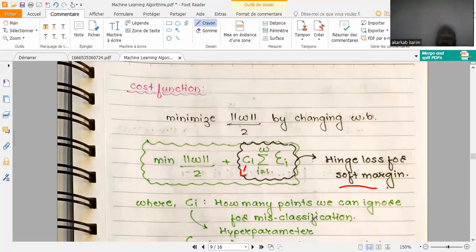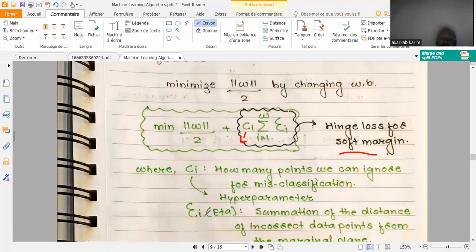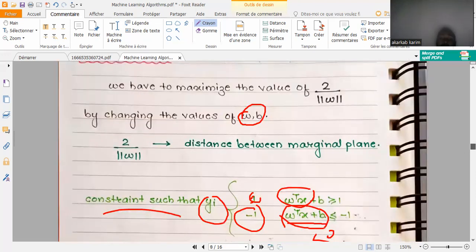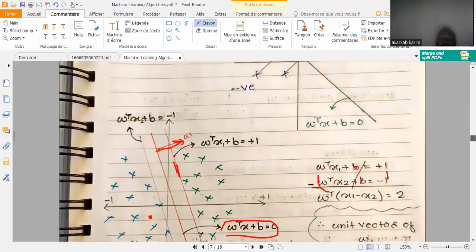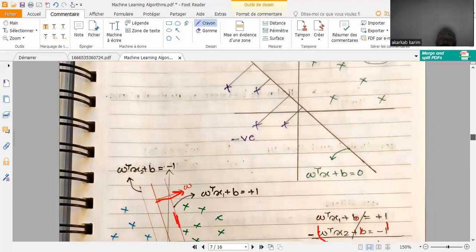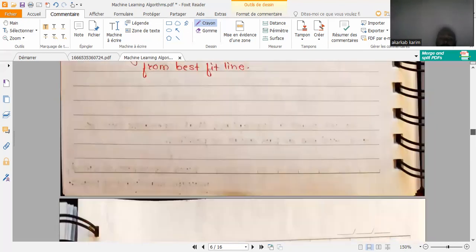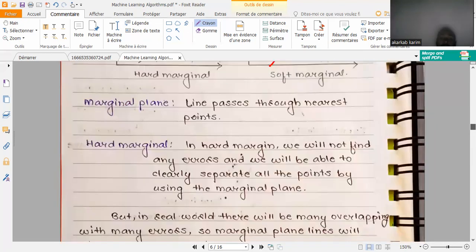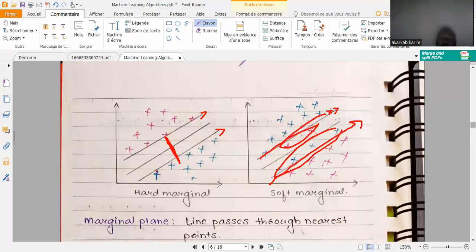And for eta, this is the summation of the distance from the incorrect data points. So let me turn to this place and show you the meaning of eta.